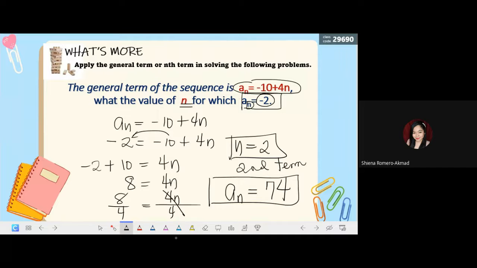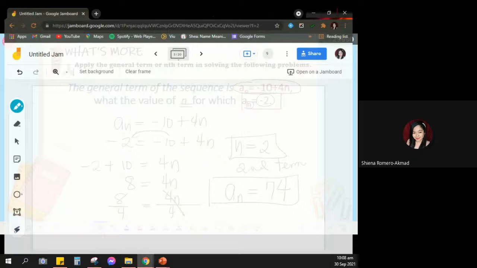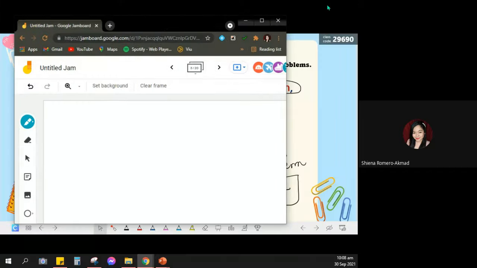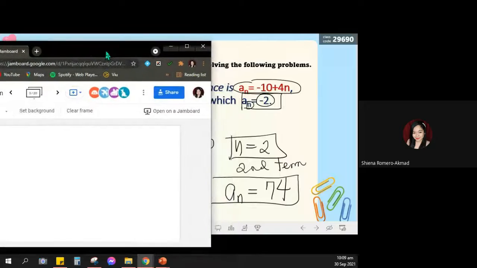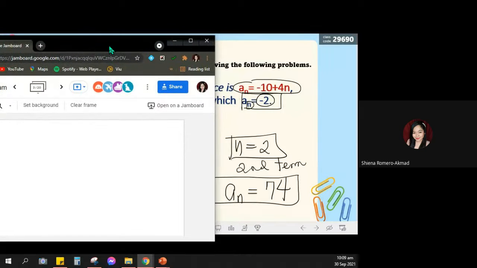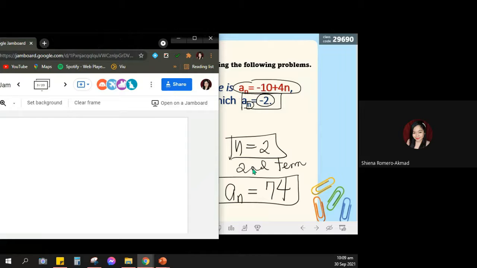So, you are going to look for the term number nito. So, go back to the link that was given. Start tayo sa frame number 3. Ayan yung given natin. A sub n is 74.